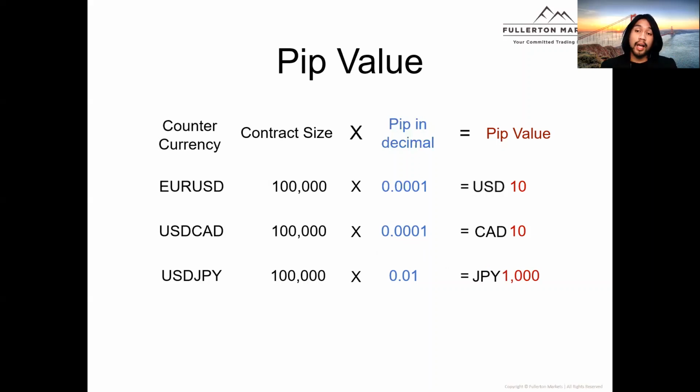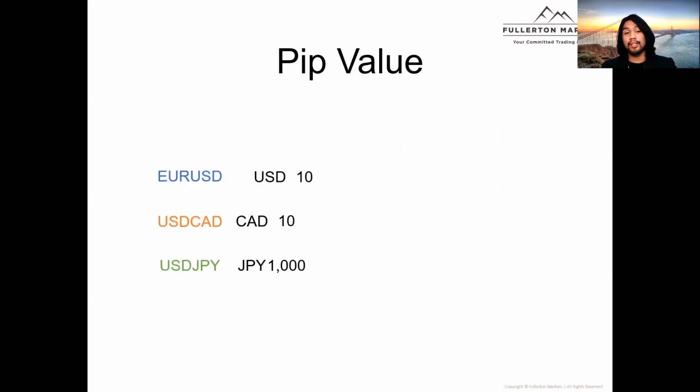Now it's not enough for us to just know how much it is in the quote currency. We still have to convert this using the value of the currency so that we can actually get US dollars. Since the euro versus the USD is already denominated in USD, the value is just 10 US dollars per pip that we have made, or per pip that we have lost.